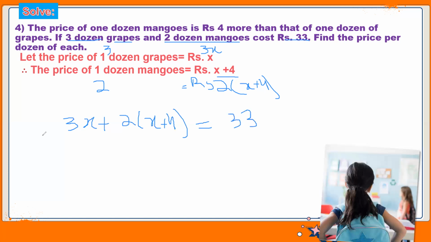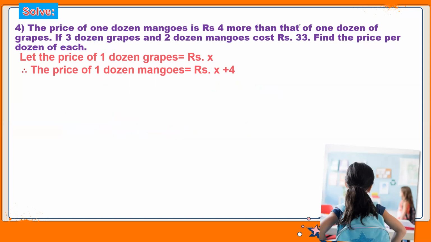That means if we add the price of 3 dozen grapes and the price of 2 dozen mangoes, it costs rupees 33. Then we have to find the price of each dozen. So this is our given equation. I hope this equation is clear to you. Let's solve the question properly.